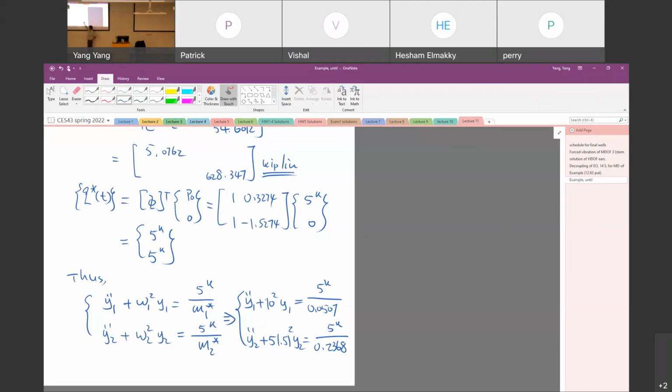This is a single degree of freedom system here. Similarly, this is a single degree of freedom system. Now we should be able to solve them. That's what we covered before in the first example. Any questions up to here? If there are any questions, you can just go ahead and solve that.